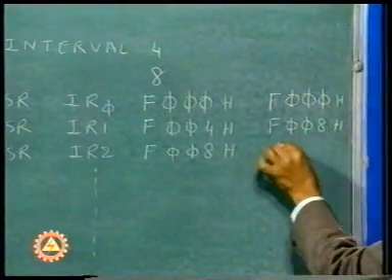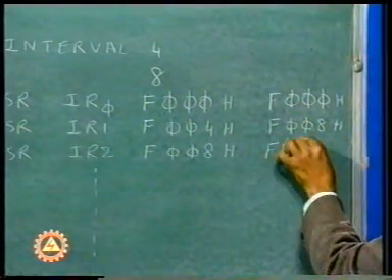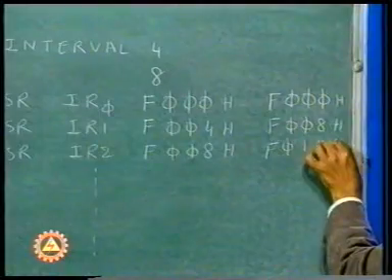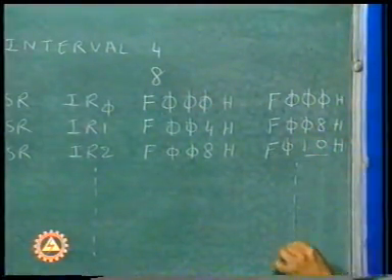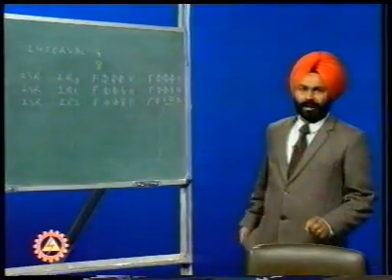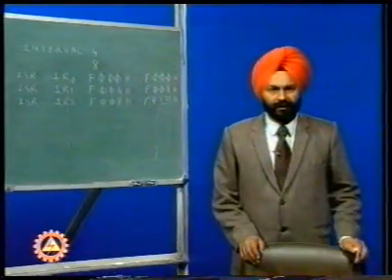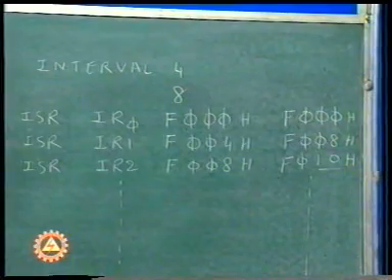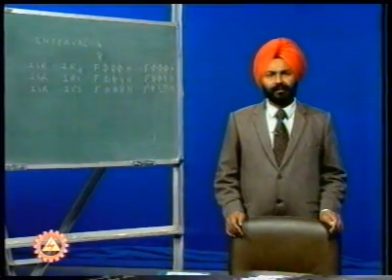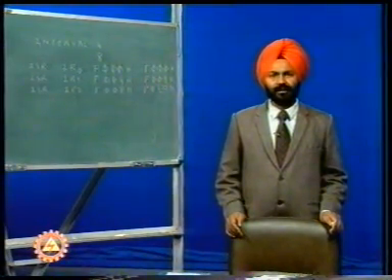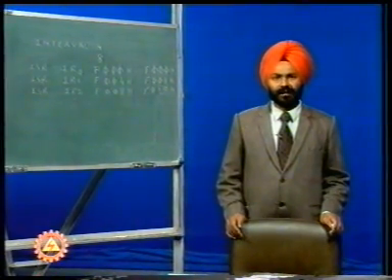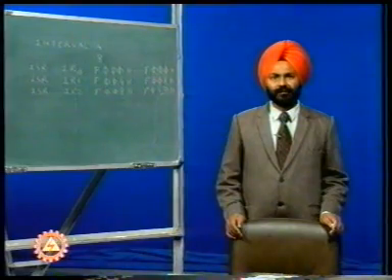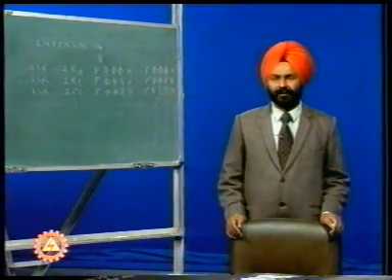F008H, F010H, hexadecimal equivalent to 16, and so on. So, we have to program the chip accordingly. Thus, given the address vector of the interrupt service routine corresponding to IR0 interrupt, the other addresses are automatically generated at the intervals of 4 or 8.